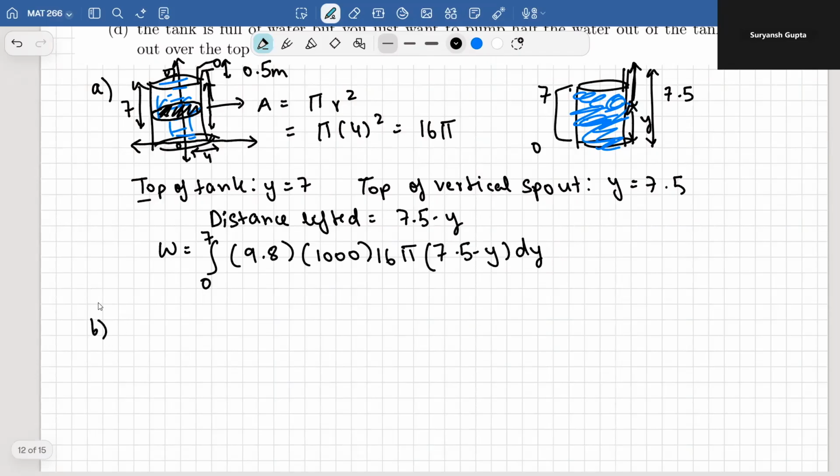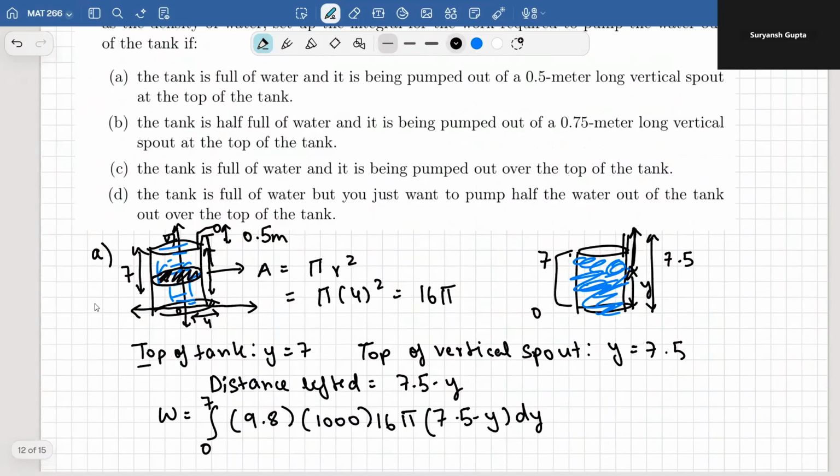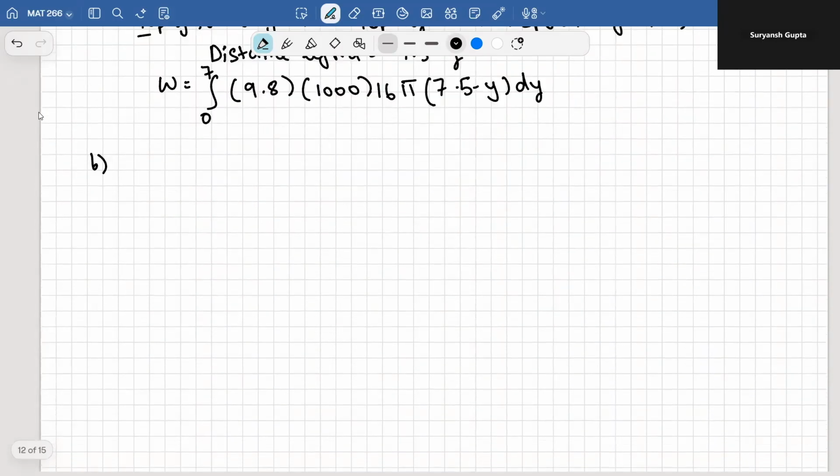Next, we can go to part B. Part B is saying that the tank is half full of water and it is being pumped out of a 0.75 meter long vertical spout at the top of the tank. So now in the cylinder, my water is only half full, so it's only up until here.